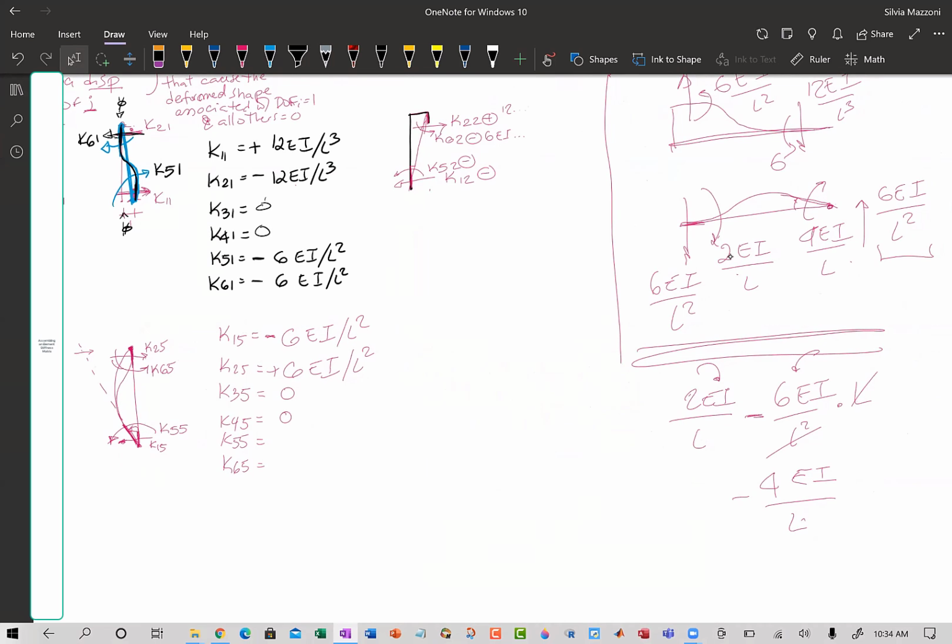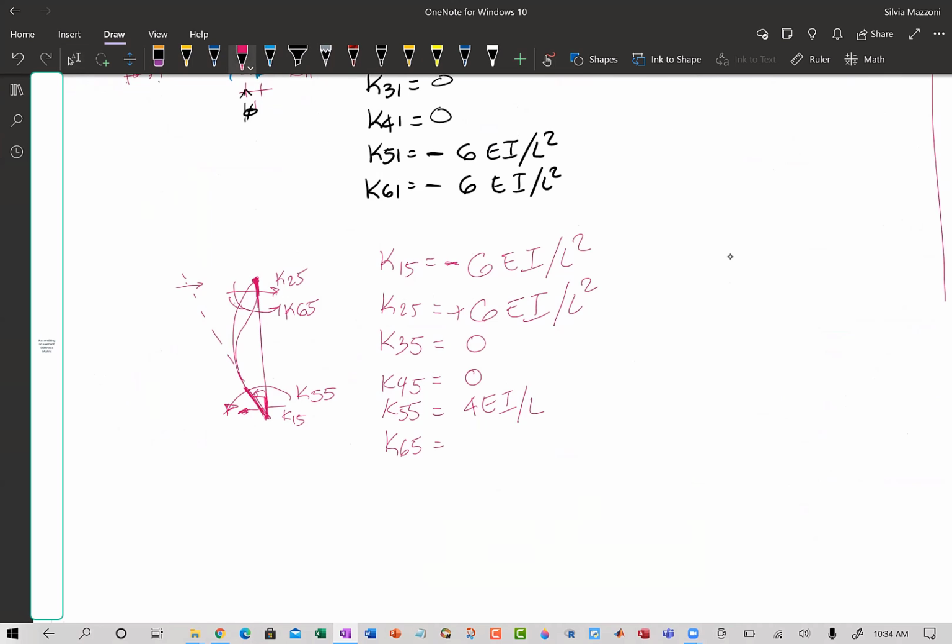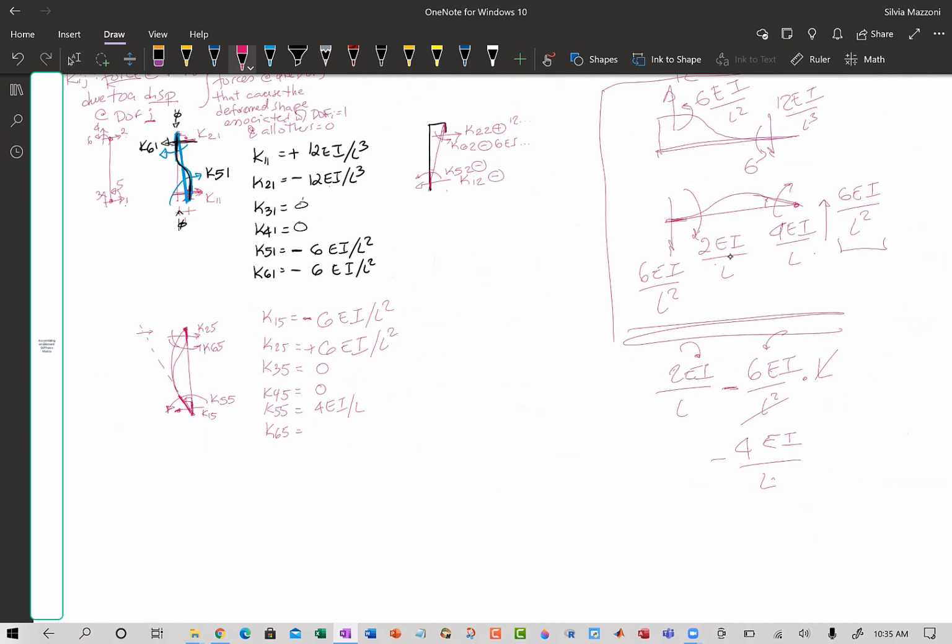It's the 4 EI over L. And this is a good way to check your signs. Okay, it had better be positive. It has to be. Any diagonal term has to be positive. And so if you look here, it's like, okay, good, it is in the counterclockwise direction. I got that right. And now K65 is equal to what?